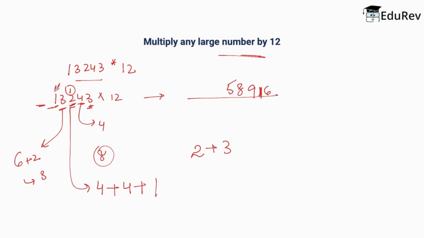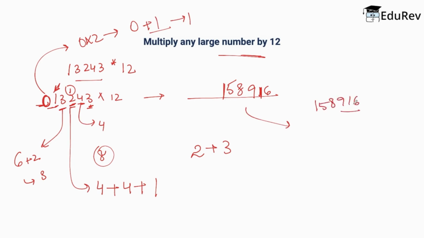But we haven't added 1 to anything. So we are going to assume that here is 0. So when I double 0, it will be what? 0. But we have to add 1 to it. So 0 plus 1 is what? 1. So here it will be 1. So the answer is nothing but 158,916. Now, I think it's a bit complicated for you people to understand if you are doing it for the first time.